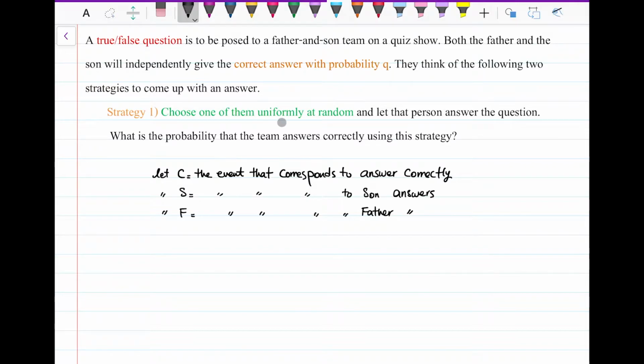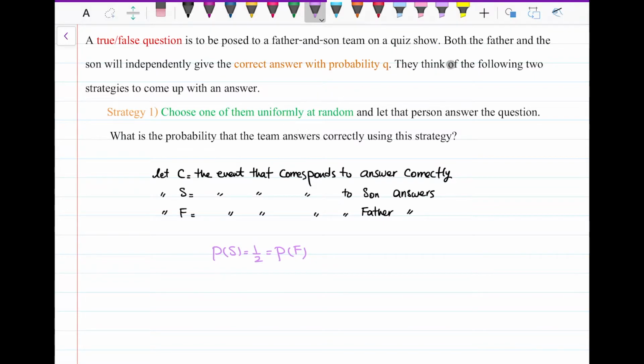We choose one of them uniformly at random, one of the father or son. So we know that the probability of son answers is 1/2, and it's equal to the probability that the father answers, because we choose them uniformly at random, which means 1/2.